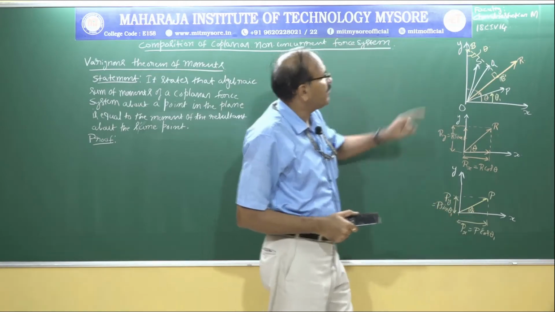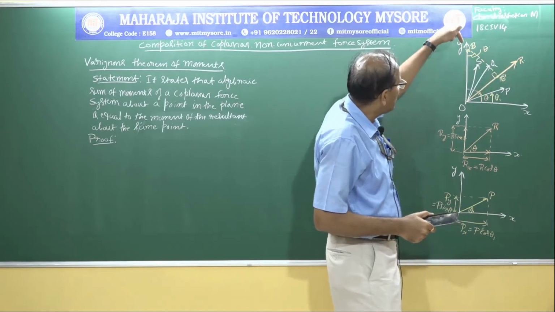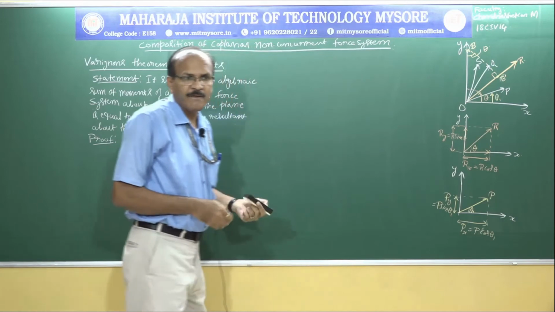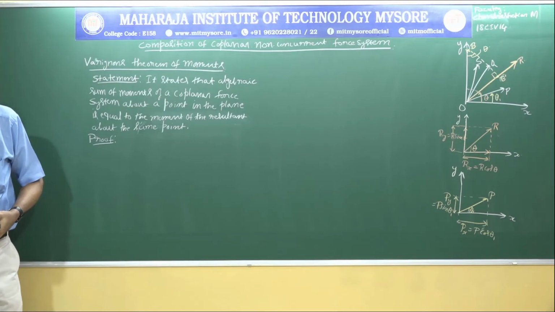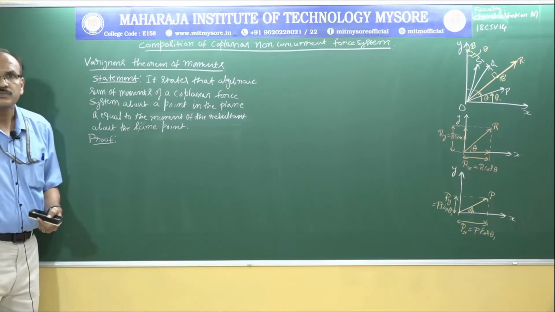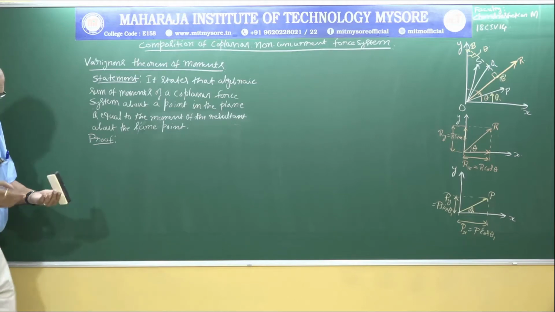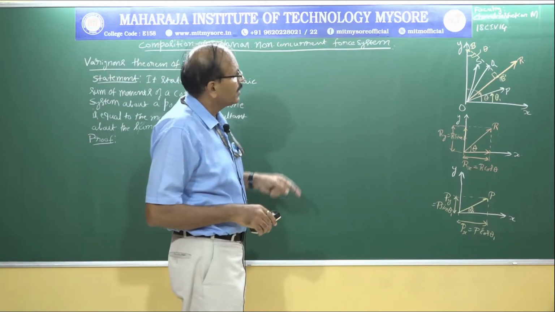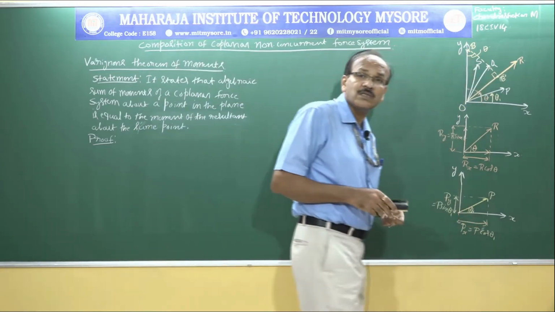To start with, I am going to take the moment of the resultant R about the point B.